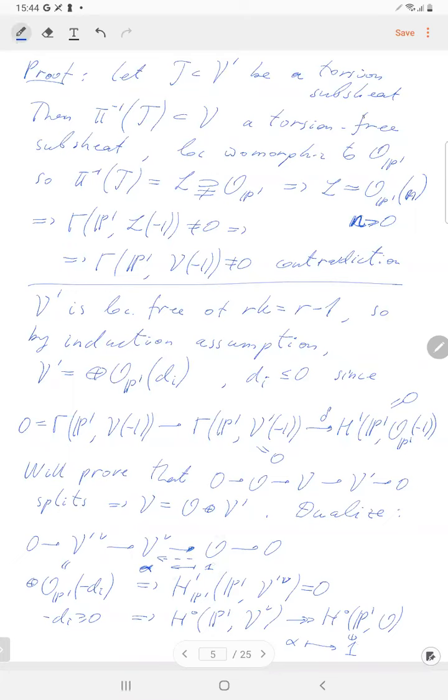This is a short exact sequence, and the dual one is split as well. Okay, so we're done.